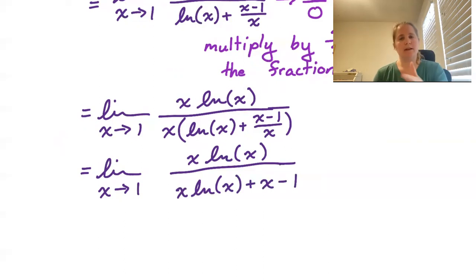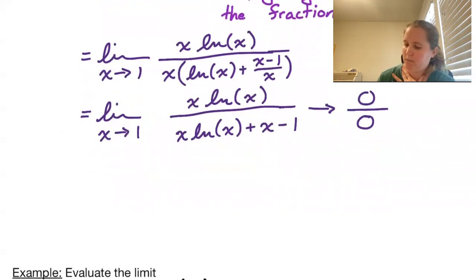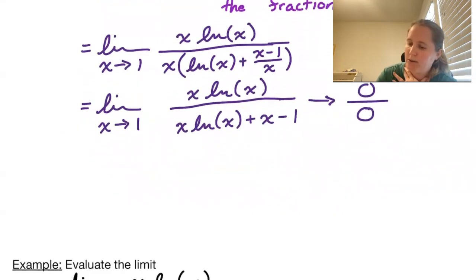So this was just to change the form. It happens to make the derivative a little simpler and make the next L'Hopital's rule application give us what we want. So once again, this does go to 0 over 0 if we plug in 1. So we'll go ahead and apply L'Hopital's rule one more time.